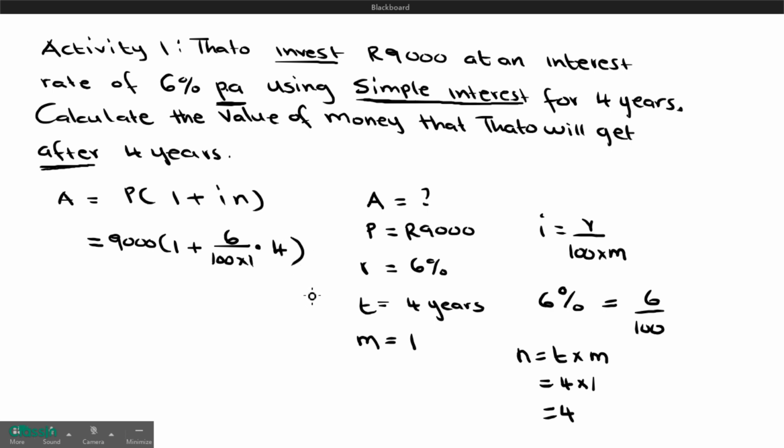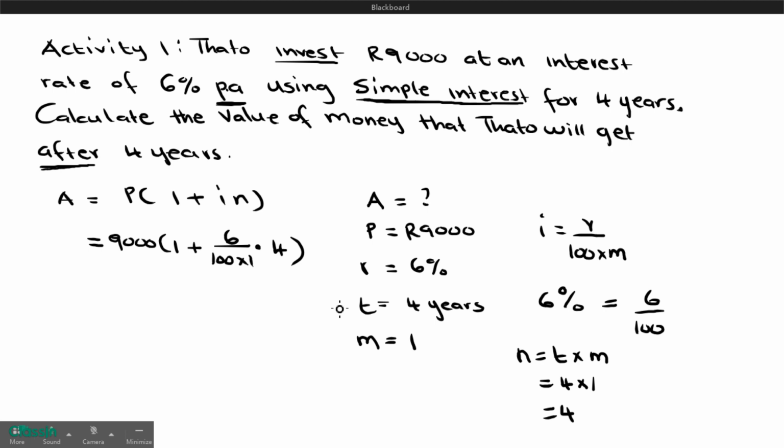Okay. Now, when we press this on a calculator, we find that 9,000 multiplied by 1 plus 6 over 100 multiplied by 100 multiplied by 1 is still 100, multiplied by 4 there.